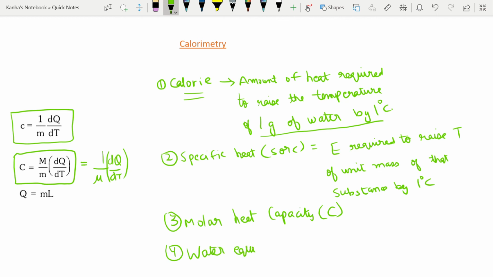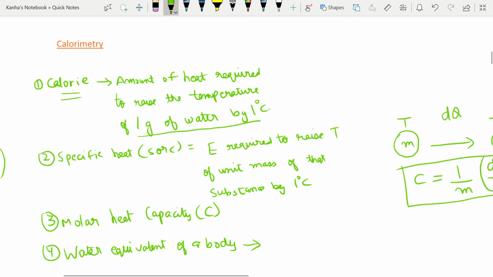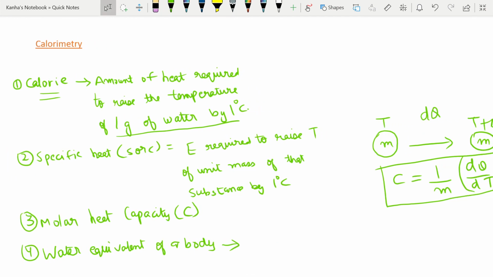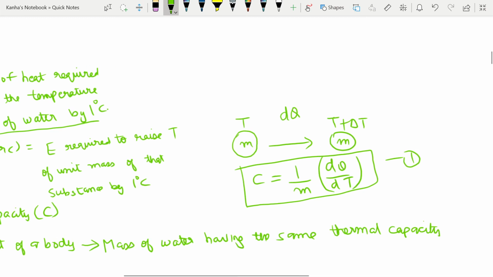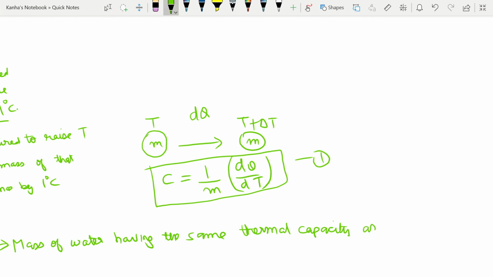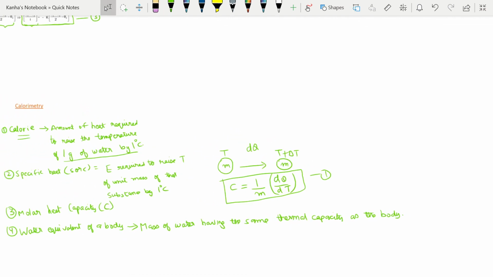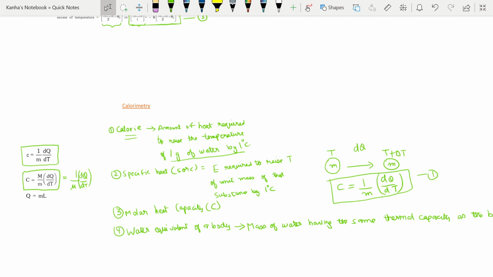It is the mass of water having the same thermal capacity as the body. We'll call it the water equivalent.